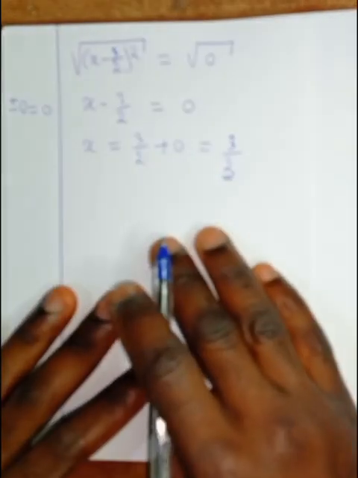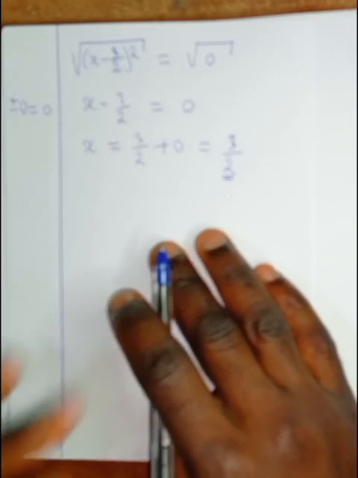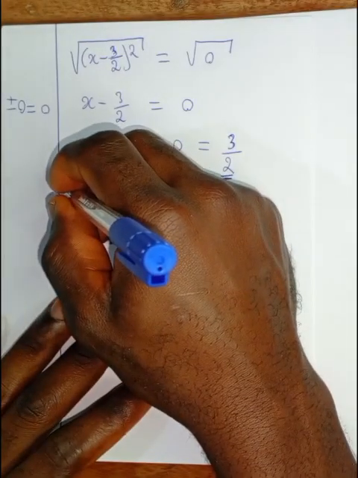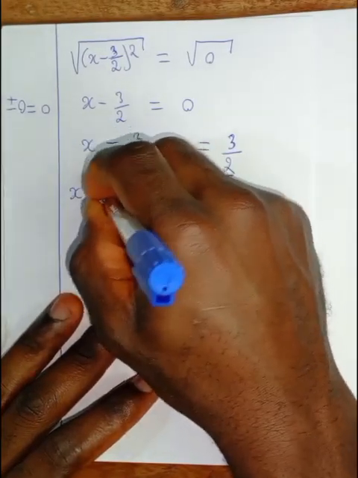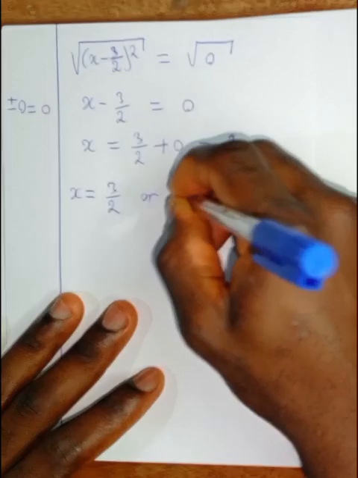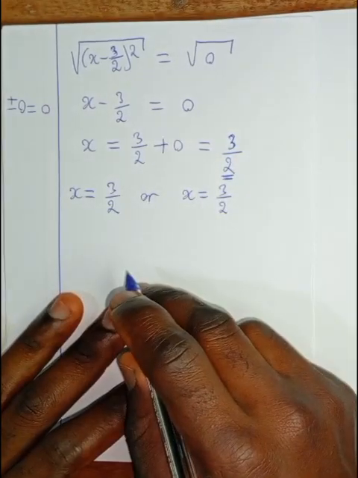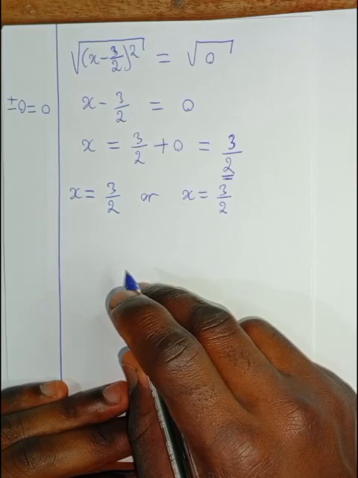And in this particular question, we are going to say the quadratic equation has two equal roots. That means we have x to be equal to 3 over 2 or x to be equal to 3 over 2, which is still the same. It means the roots are repeated.